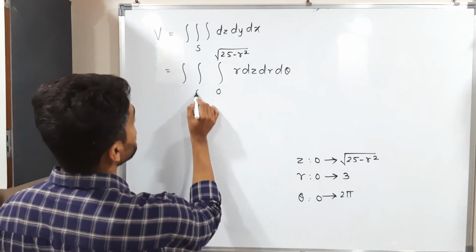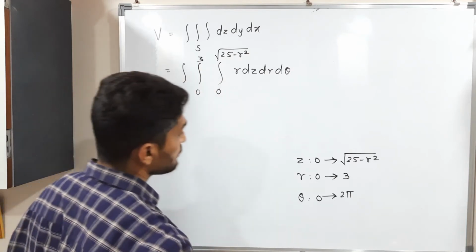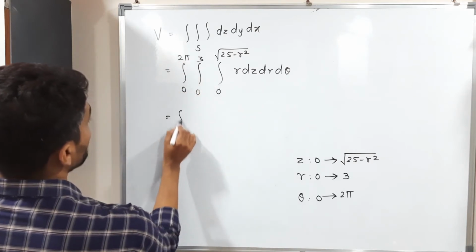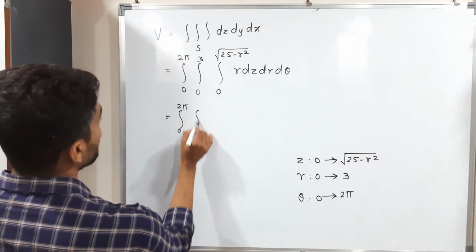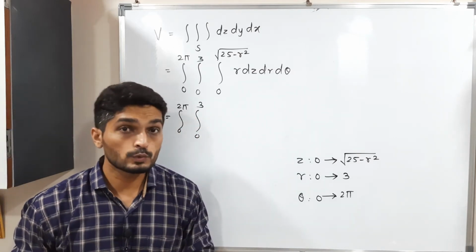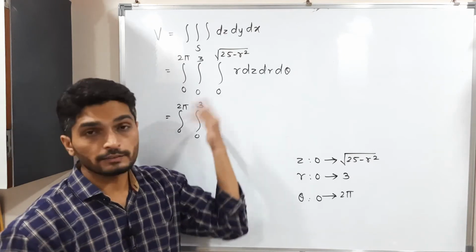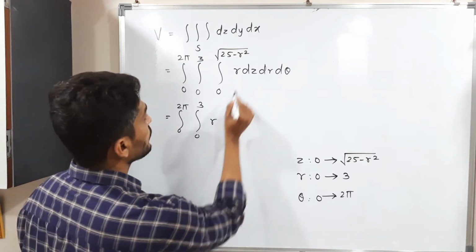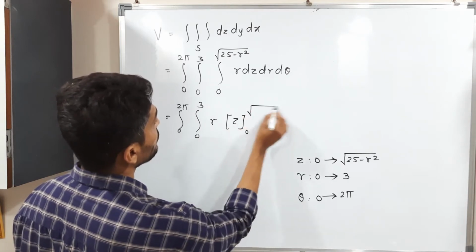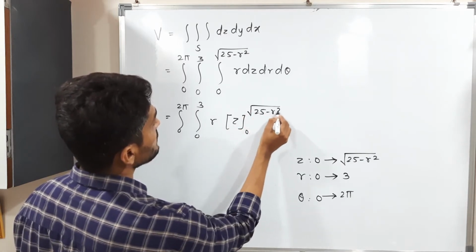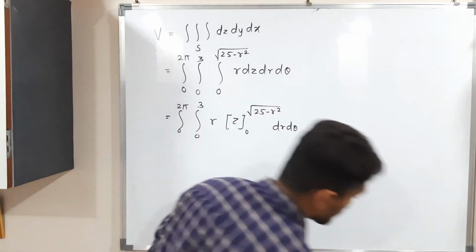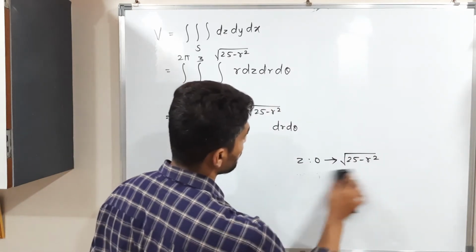Limits of r 0 to 3, and limits of theta 0 to 2 pi. So integration 0 to 2 pi, integration 0 to 3. We will integrate with respect to z first. So r is a constant, it will come outside. And what is integration of dz? It is simply z, 0 to root 25 minus r square, dr d theta. Okay, let me remove this one. It is not required now.